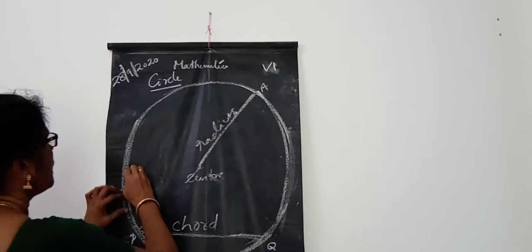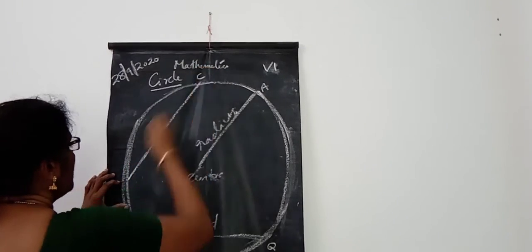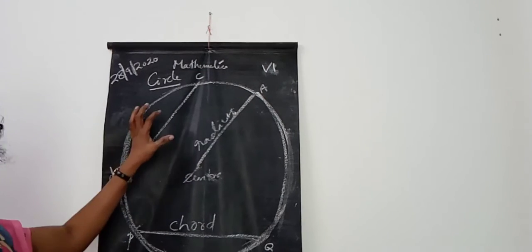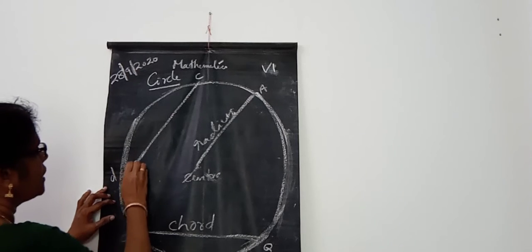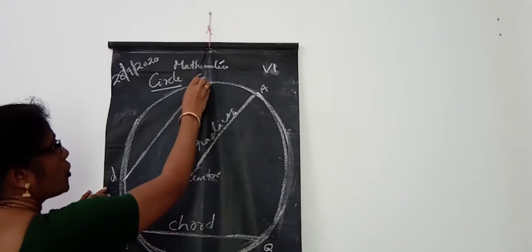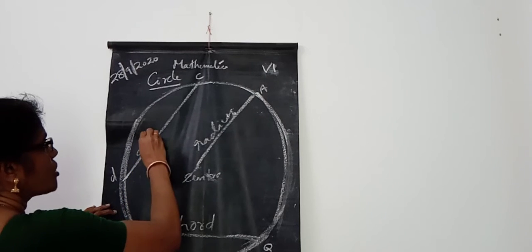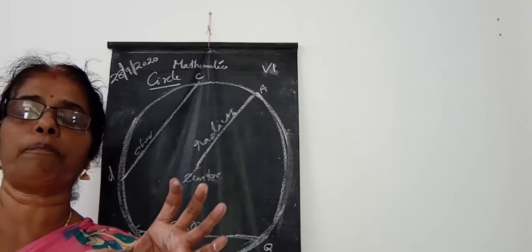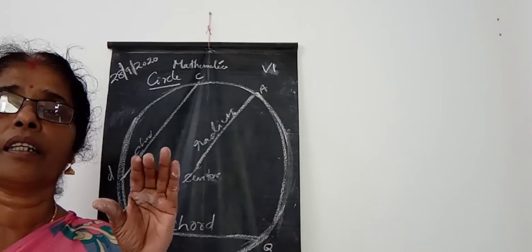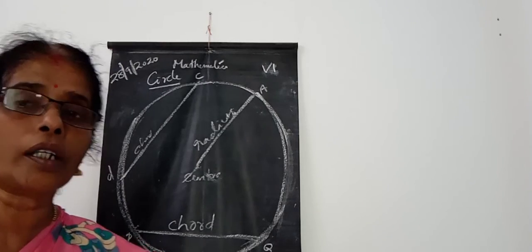And if you draw here a line segment, and this one is C, this one is T, and C, T are points in a circle. If you join these two points with a line segment, this one is also a chord. So if you join 2 points in a circle with a line segment, that line segment we can call a chord.